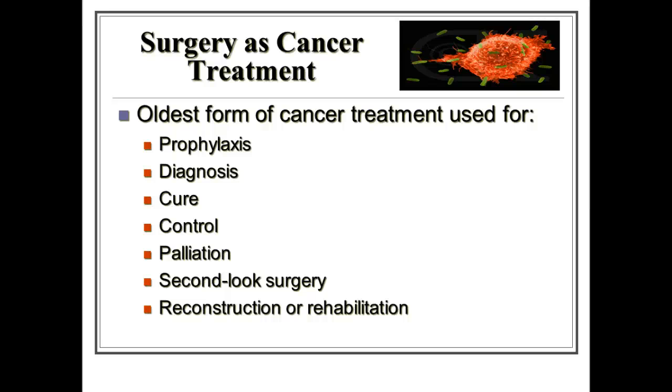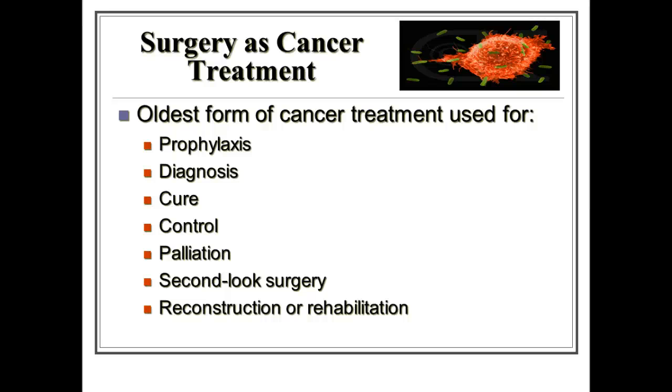To give you a perfect example, Angelina Jolie had a double mastectomy. That was a prophylactic surgery because she saw that she had the gene for breast cancer. And apparently her mother or someone had died from breast cancer. So she did it in a prophylactic way.